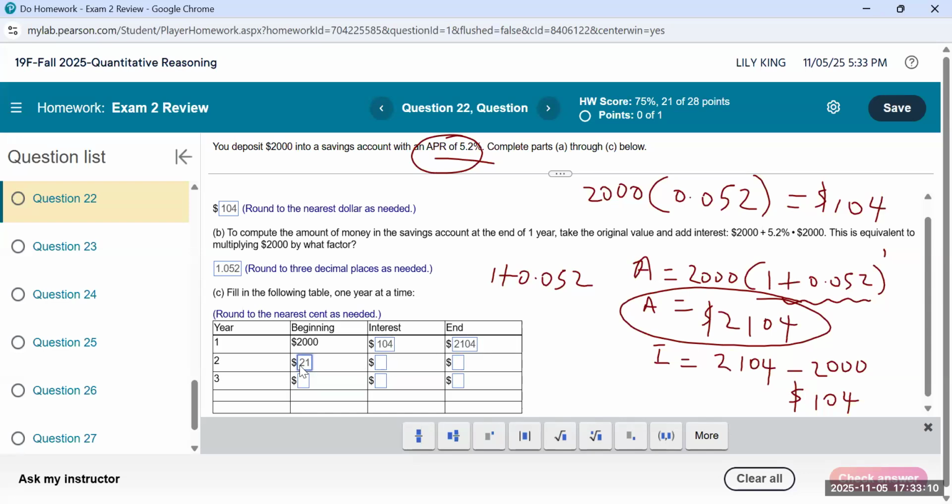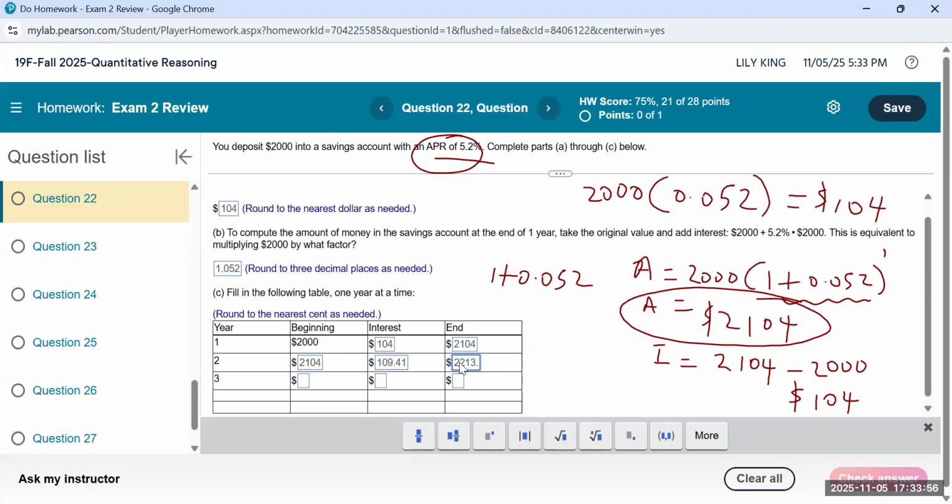So 2,104, and then you multiply 2,104 by 0.052 to get the interest. And then you add that to 2,104 to get the ending balance. And this is 2,213.41.